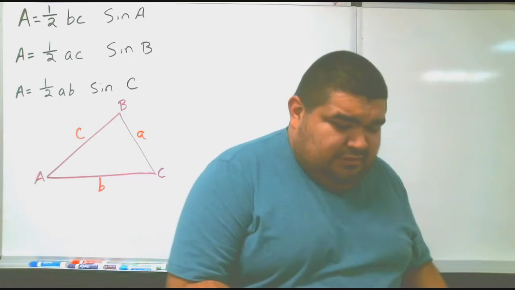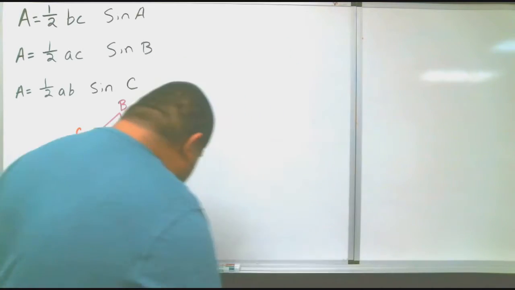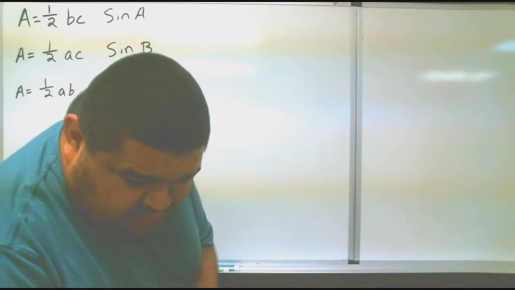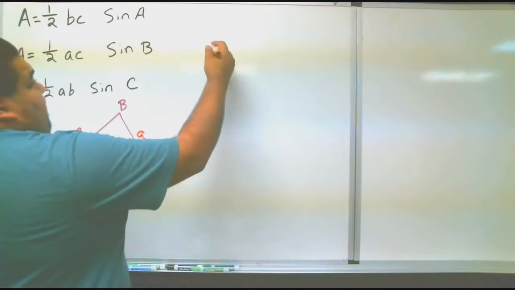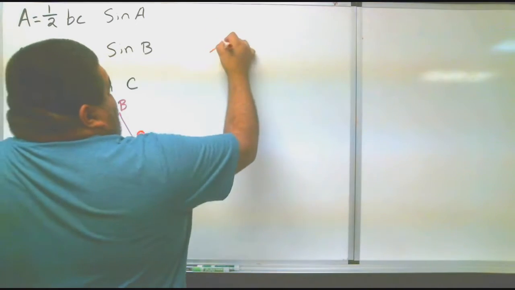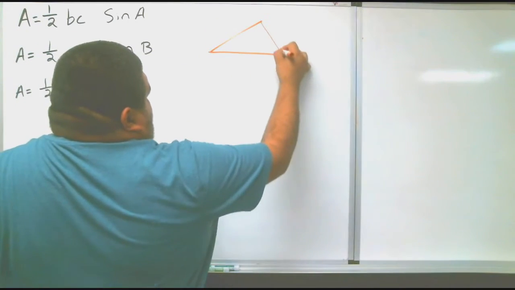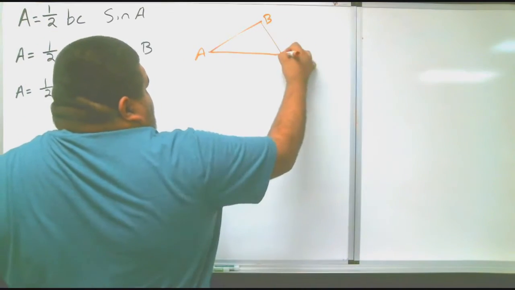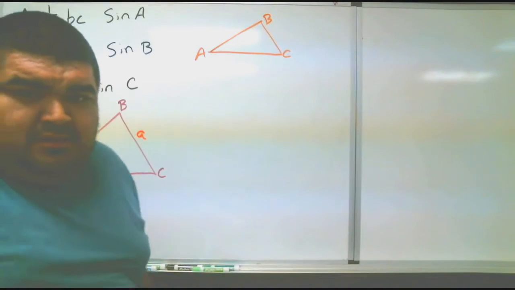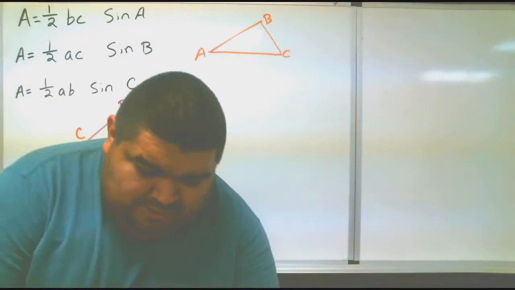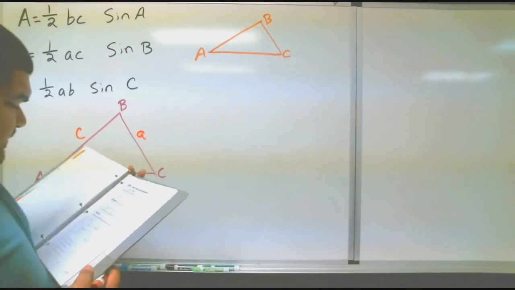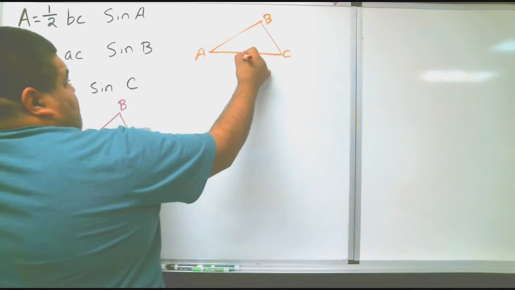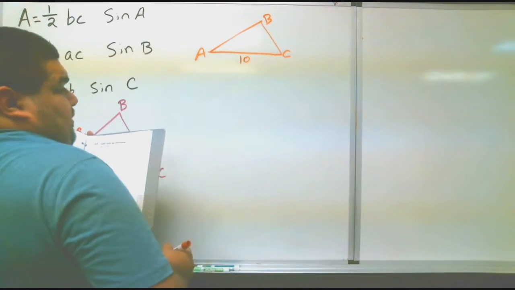So this is the problem. We have, again, a triangle with an A, B, and C. Our triangle says that across from big B is little b, that is 10.